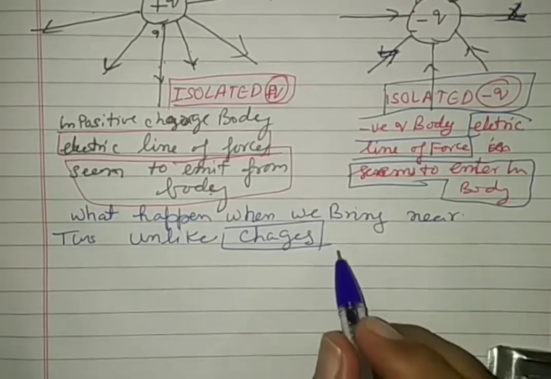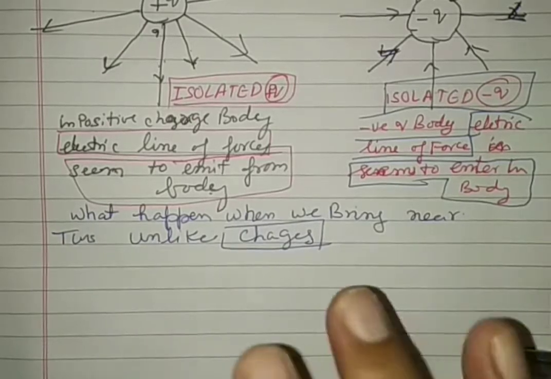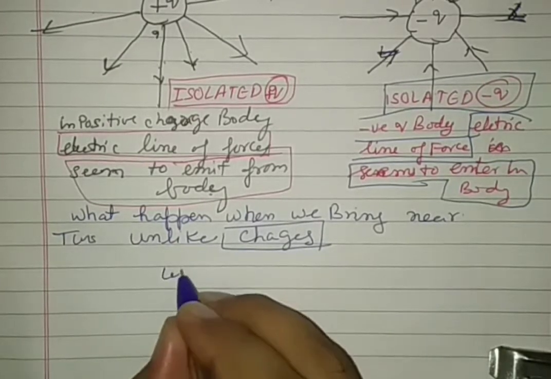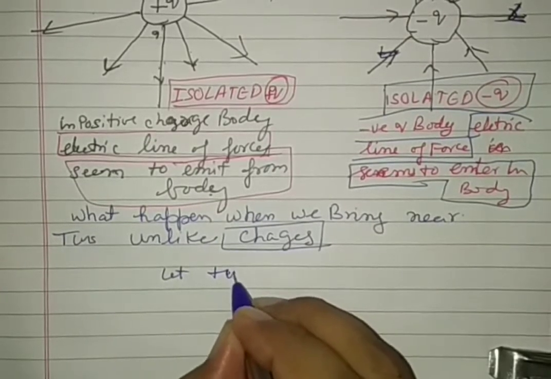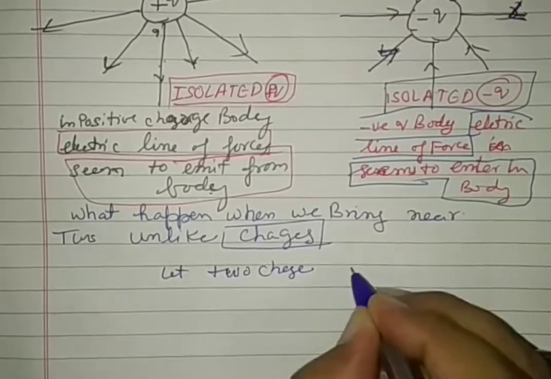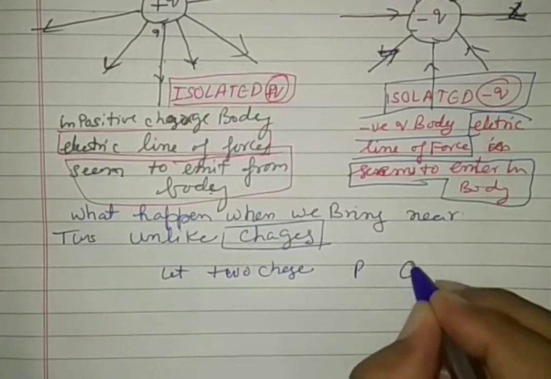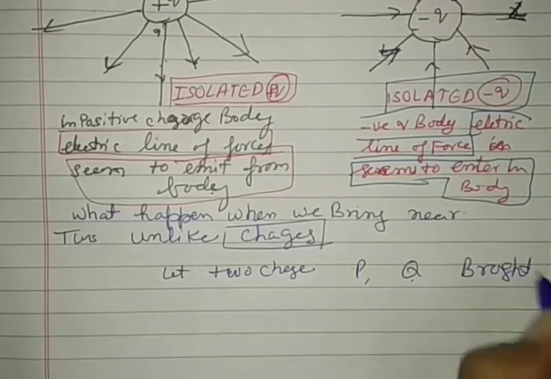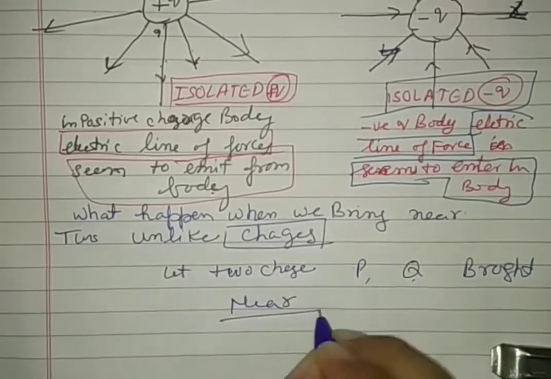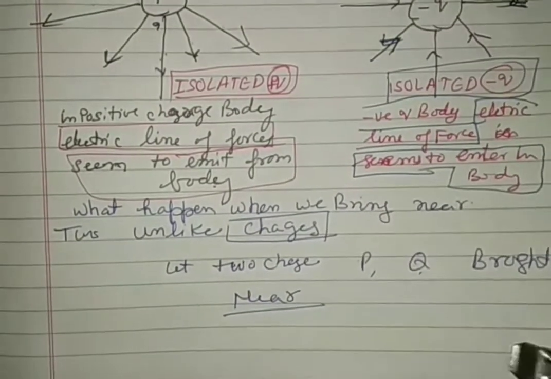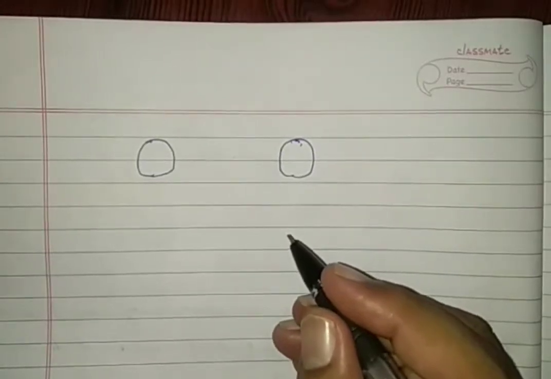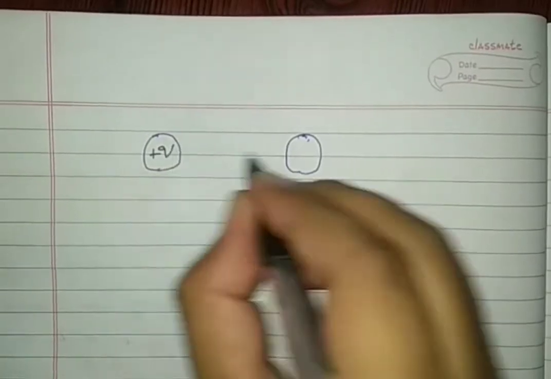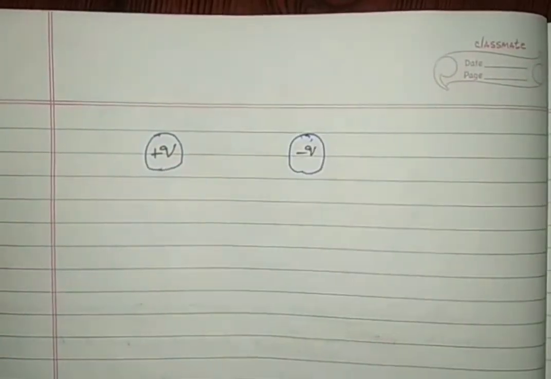So here it is not a test charge brought, but two heavier charges of opposite nature. Let two charges P and Q be brought near. See here in this page, the two charged bodies, plus Q and minus Q.